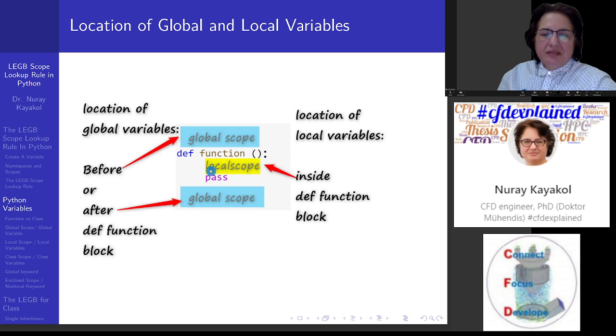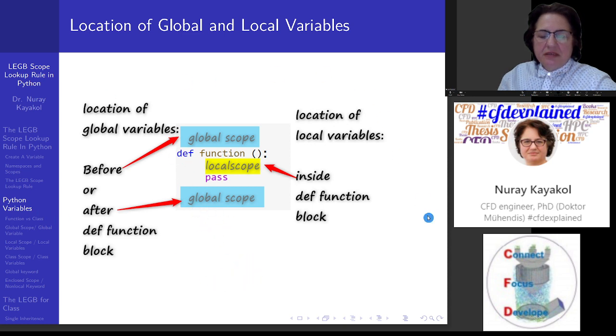You see the local scope is defined inside of the function, so you can define your local variables in this function. The global scope is the outside of this function. You see the blue regions I typed as global scope. So you can define variables at the top or at the bottom, and then maybe you can call this function to do something.